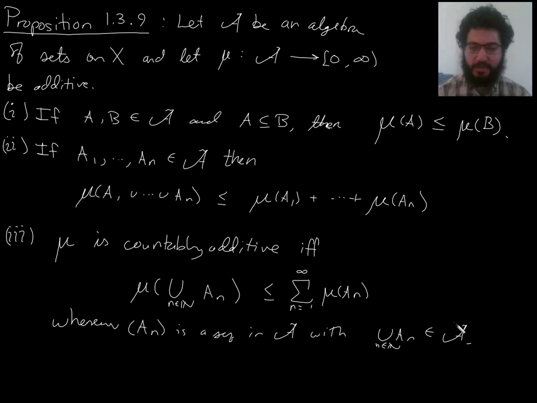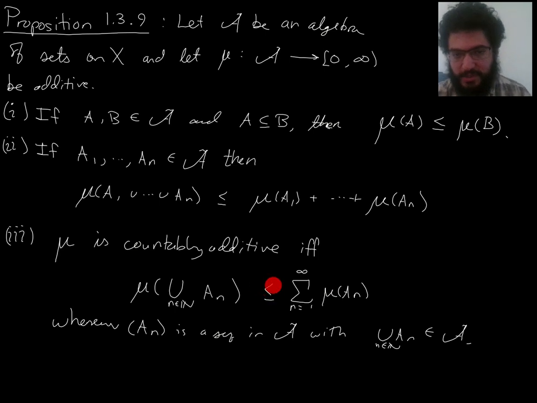Now, if you're thinking about measuring areas, like literally measuring area or volume using your measure, then this is a pretty plausible thing to have, right? If the A_n are not necessarily disjoint, then the sum of the mu's might double count and give you an overestimate of what the area actually is, because of the intersections between the sets being counted multiple times in the sum.